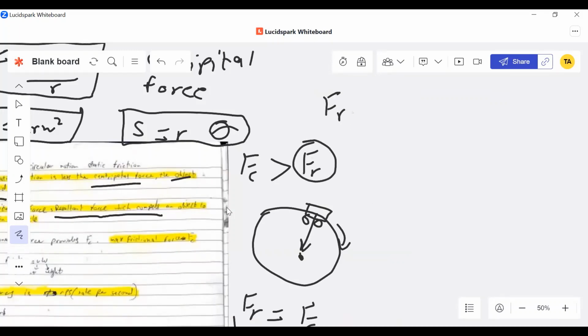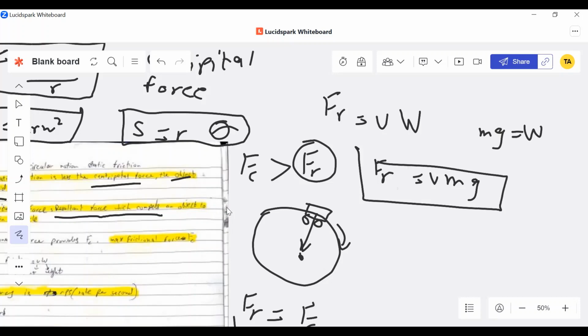So Fr is equal to mu into W. This W is called the weight. Weight of an object is also known as mg. So when I write the resistance force, I can replace W with mg and I get mu mg, which is the formula for Fr.